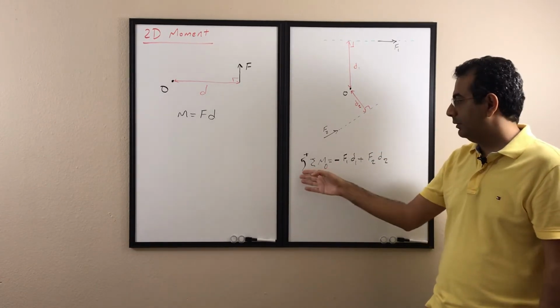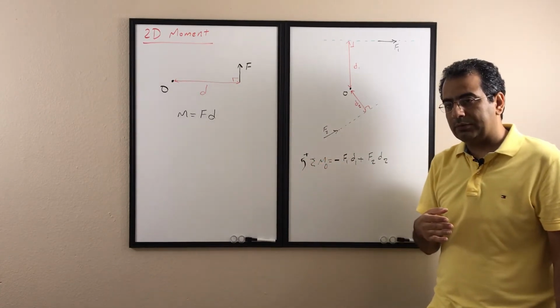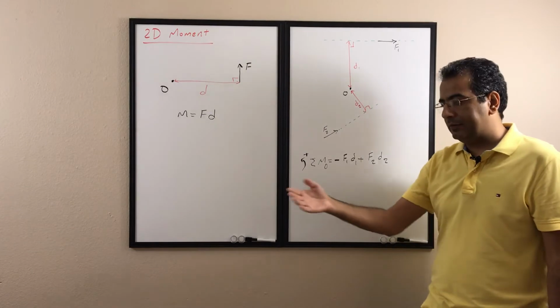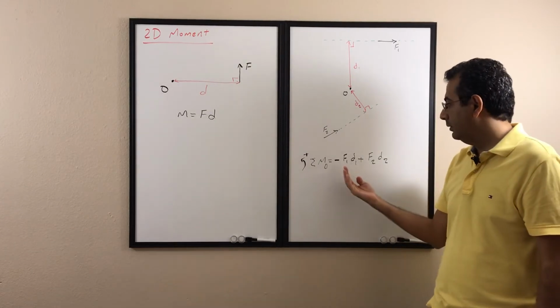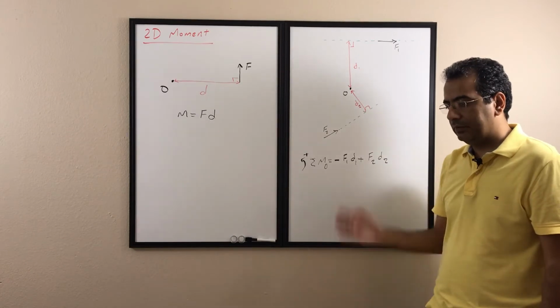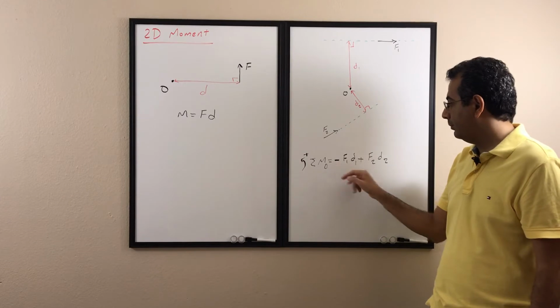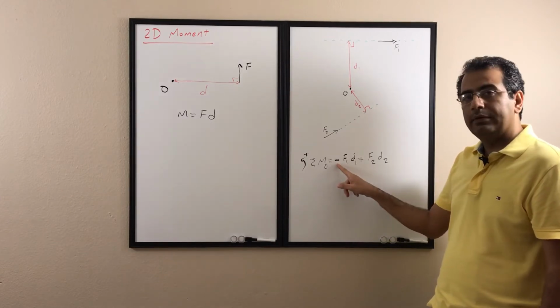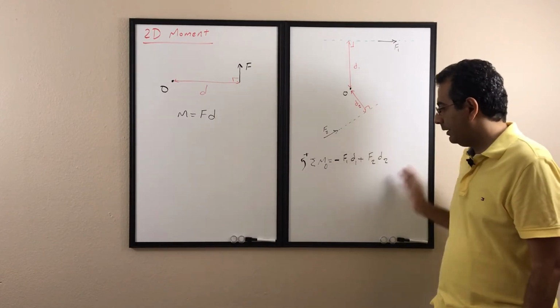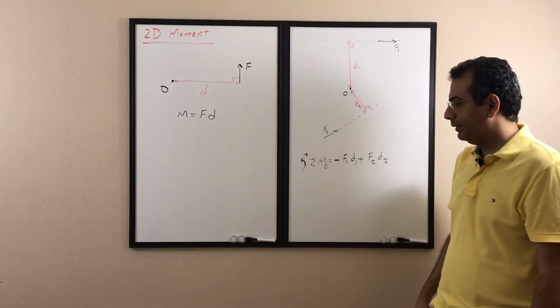If you have more forces, we add all the counterclockwise moments together, and then we subtract all the clockwise moments from those that are counterclockwise. So counterclockwise is positive, clockwise is negative, and just add them all together. Simple add and subtract.